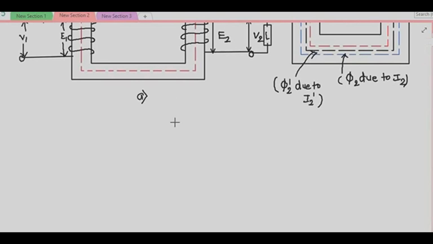Again I will take voltage as a reference vector. First of all, some current is taken which is called I magnetizing, which is the same as in your previous case. This I magnetizing will produce the flux which is in time phase with it.